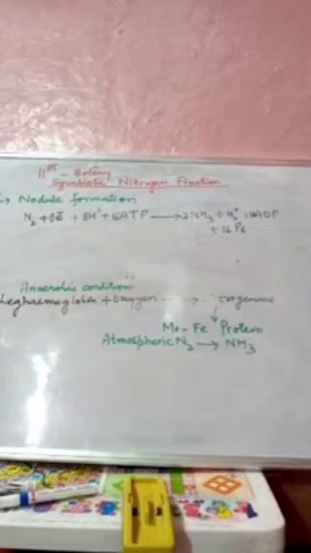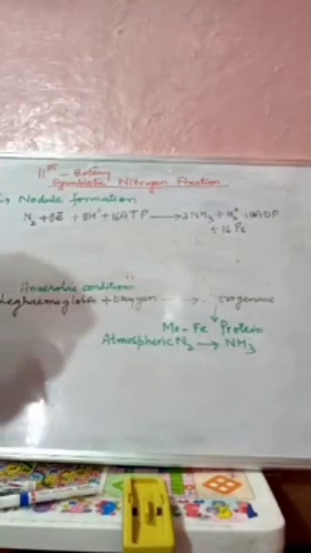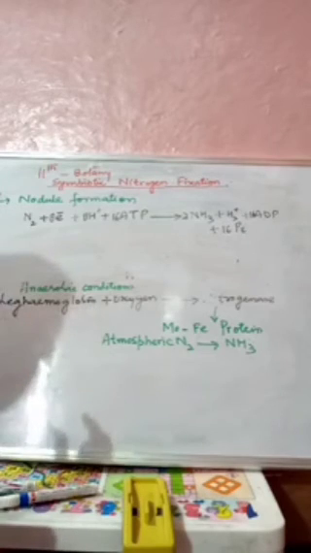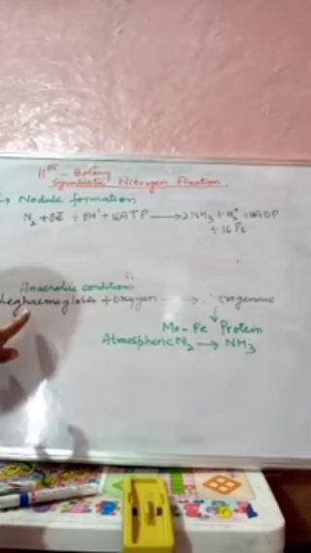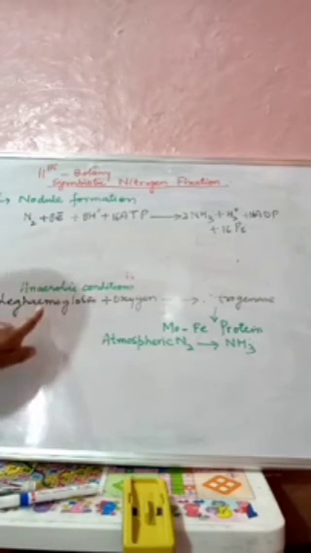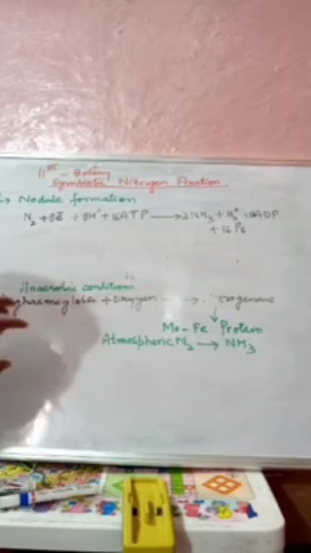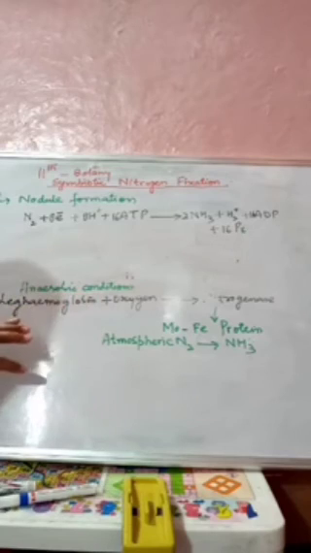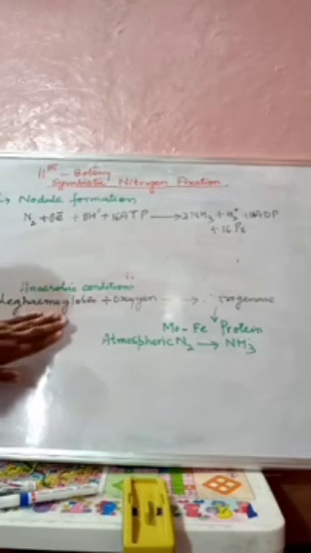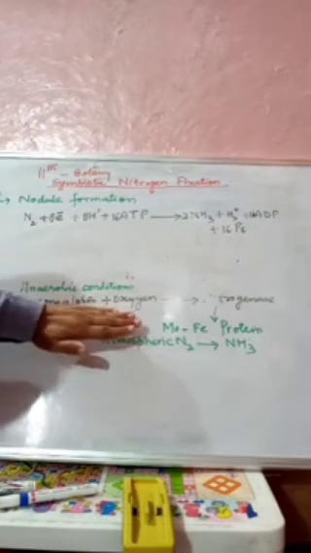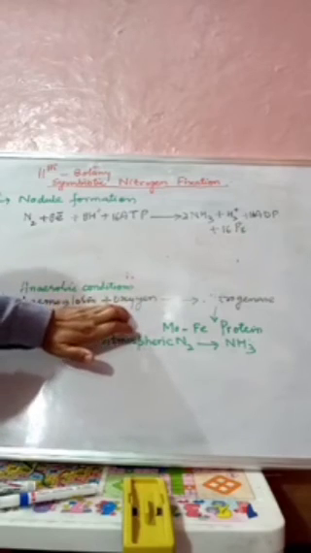So this is what we see in nodule formation. When we study the section of the root nodule, we see the presence of the pigment leghemoglobin, which imparts a pinkish color to it. This leghemoglobin has similarity to hemoglobin, with an affinity for oxygen.